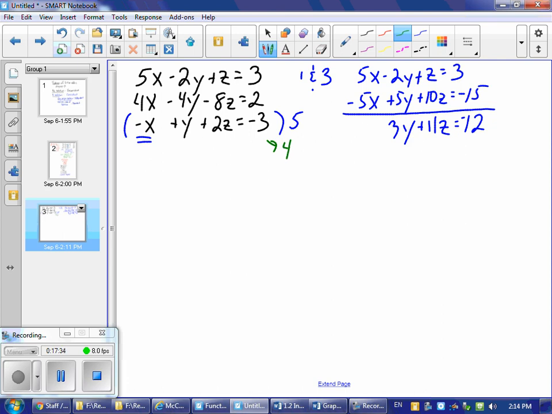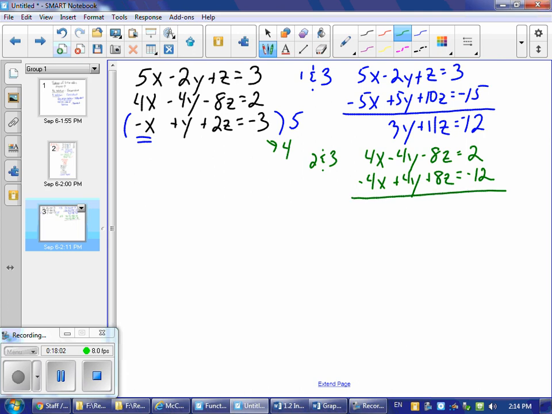So the second equation is not changing, so we'll rewrite it. The third equation now multiplying by 4 is -4x plus 4y plus 8z equals -12.